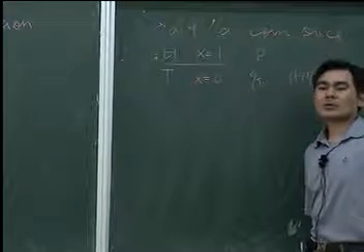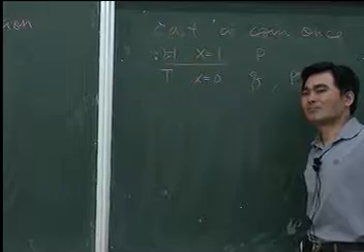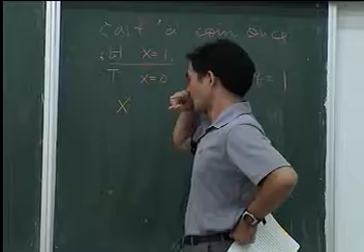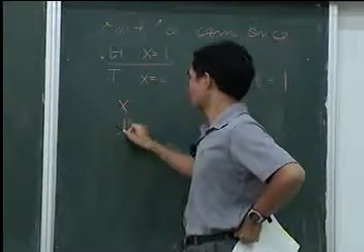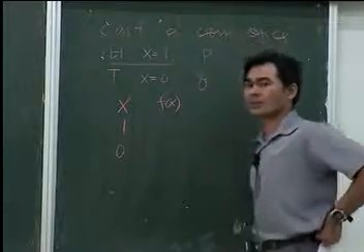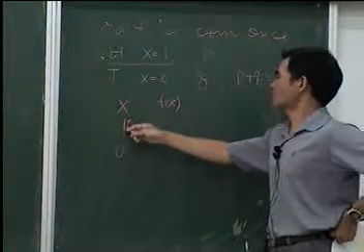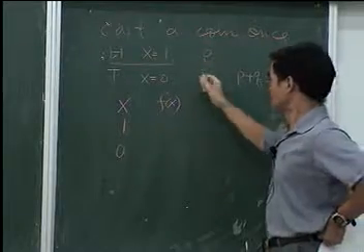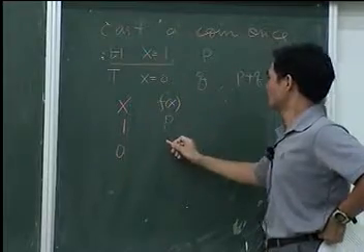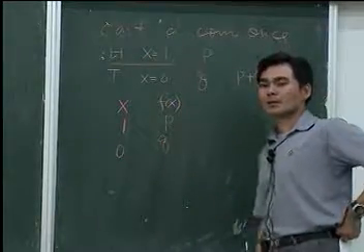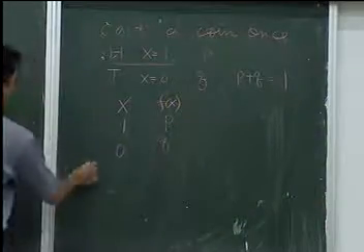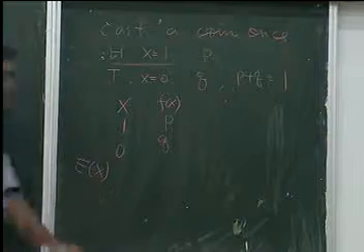Now let us try to figure out the mean and variance in this case. X has two possibilities, it can be 1, it can be 0, and Fx is the probability. If X is equal to 1, the probability is P. X is equal to 0, probability Q. So if you are required to calculate the mean, that is the expectation of X, what should that be?